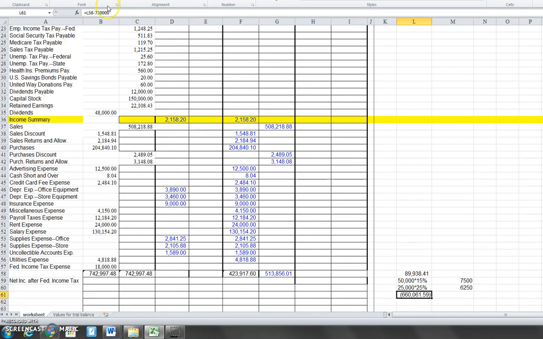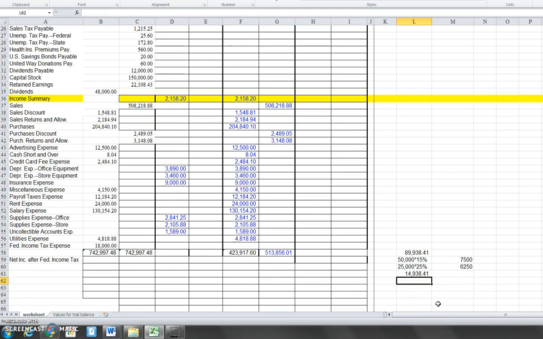Oh, too many zeros. Let me take that one out. All right, so that is the amount that we're going to charge at 34%. So I'm going to take 34% times this number, because that's the third rate.